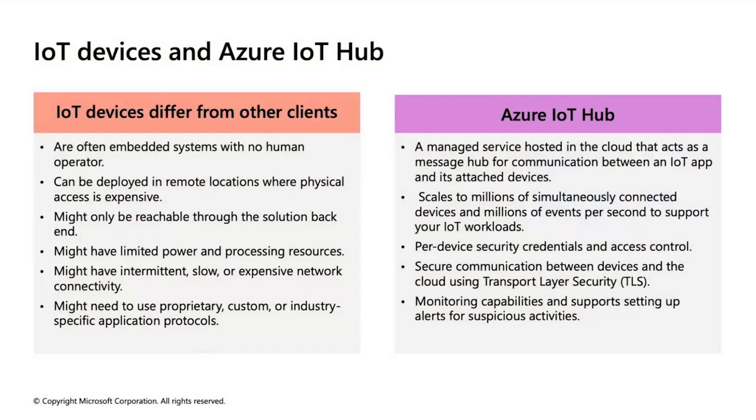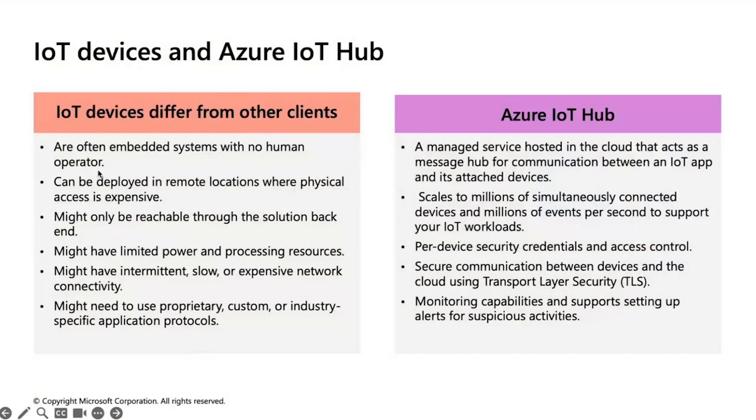IoT devices are small sensors, small devices that have sensors, and generally they work without any human interaction. So IoT devices are generally not mobile applications, not web applications, but often embedded systems with no human operator involved.